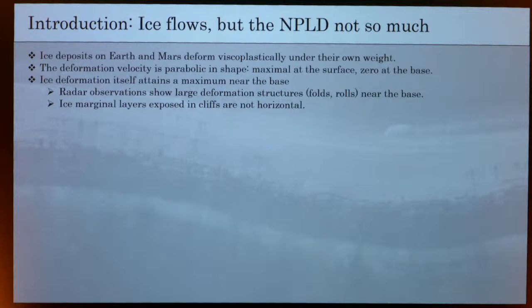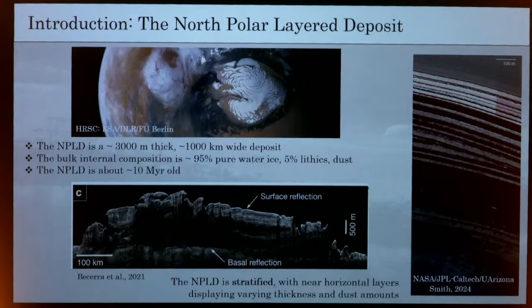And as I said before, something that's striking is that the layers are horizontal. High-resolution HiRISE image data also shows no evidence for deformation at the cliffs, which are essentially 70-degree slopes, pretty much vertical cliffs, located in this sort of trough pattern that we see here.